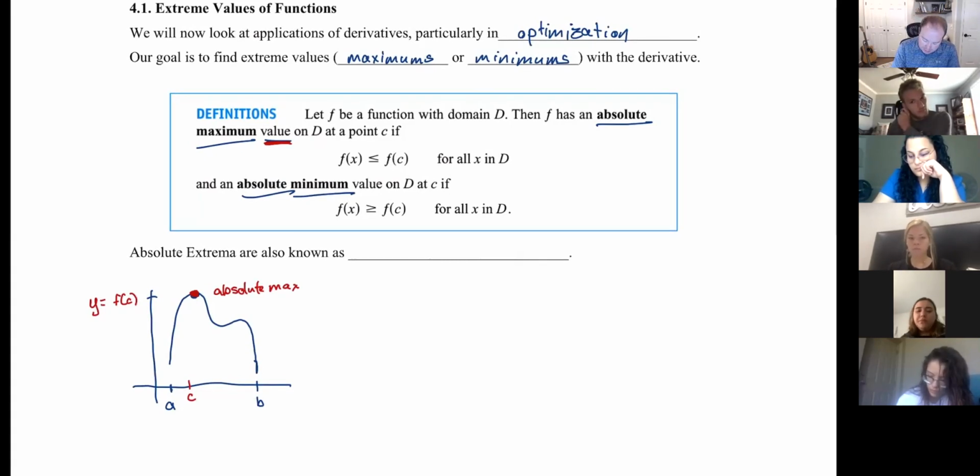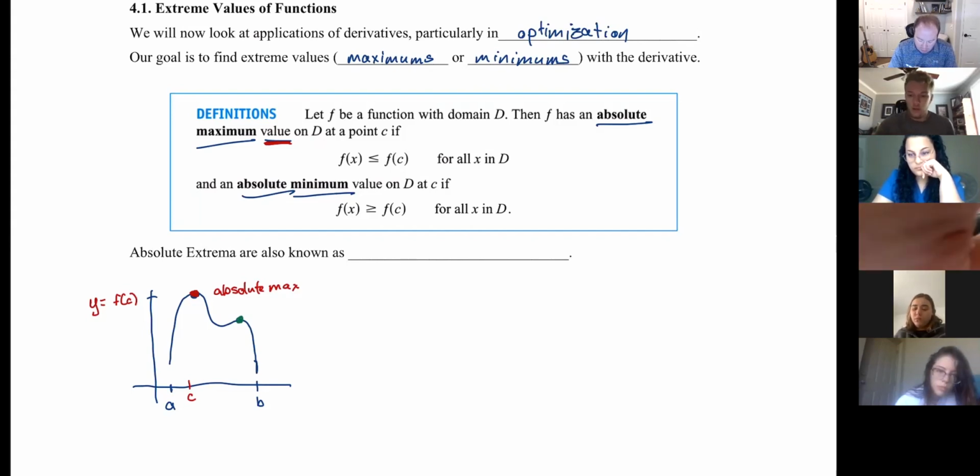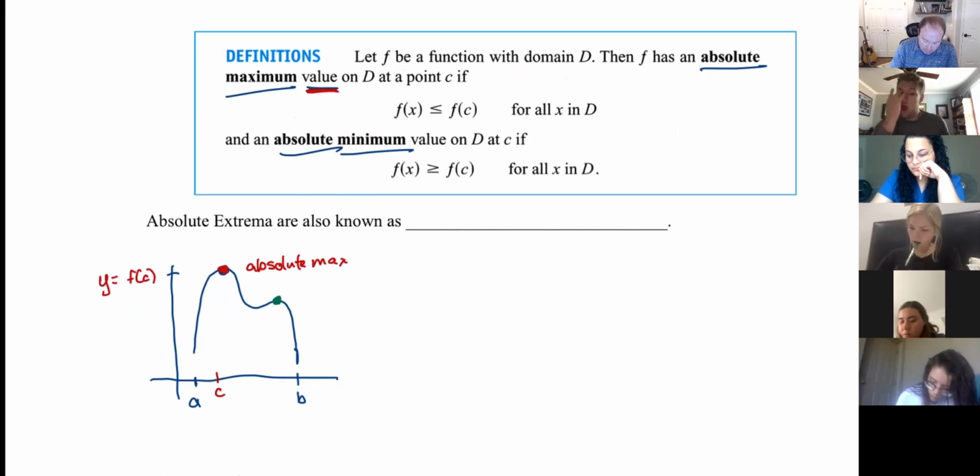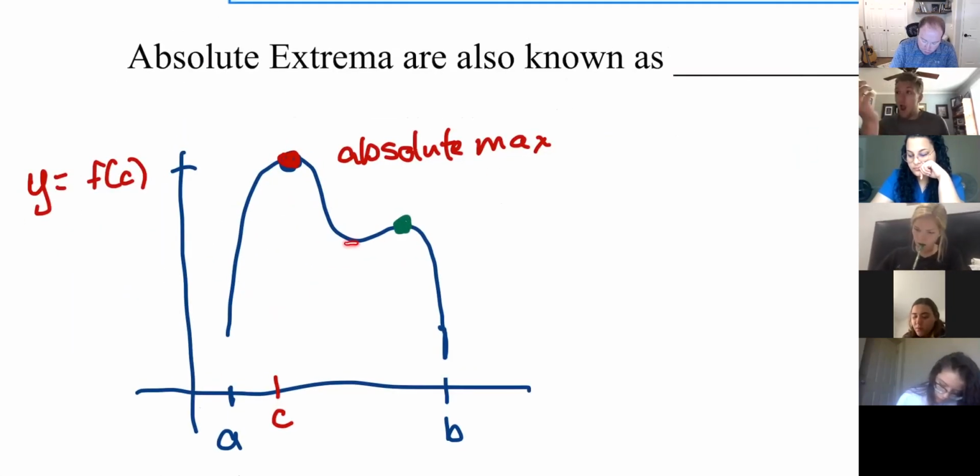All right, and then what about right here? Well, what we're going to start making the distinction of is between absolute and local. And again, we may cover it a little bit more later in the lesson, but I think it's nice just to start out with looking at, okay, right there, that green dot, we have a maximum. Why do we have a maximum? Because if you look at what's around it, it's higher than what's around it.